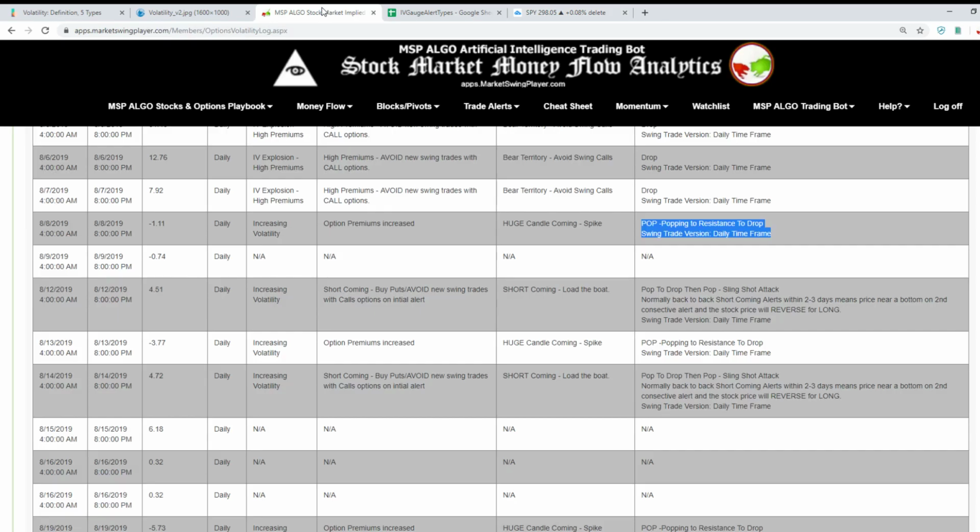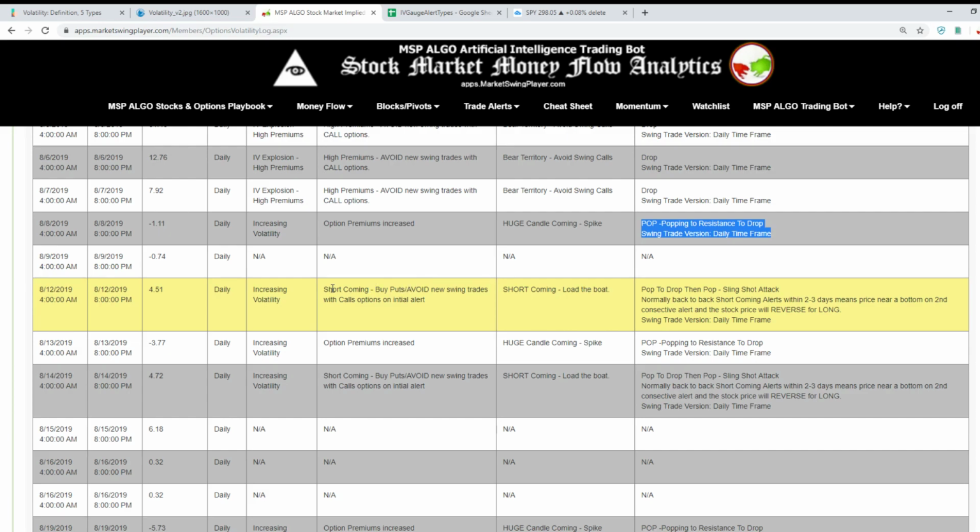It says anticipated price action, shortcoming, load the boat. Load the boat in trader lingo means load up with your stock or options.